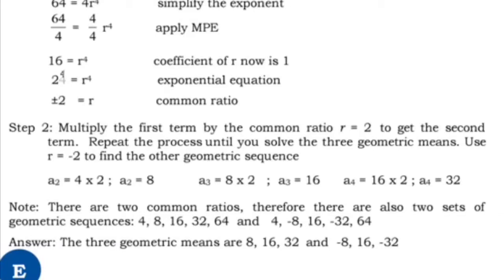Then, 16 times negative 2 is negative 32. Then, times negative 2, that will be 64. So, ang two sets ng geometric sequence na makukuha natin ay 4, 8, 16, 32, 64 at 4, negative 8, 16, negative 32 at 64.